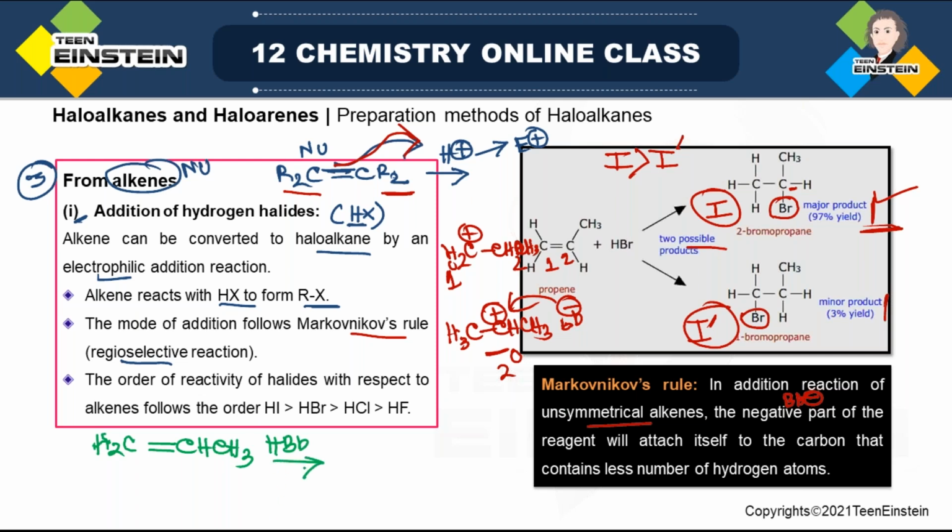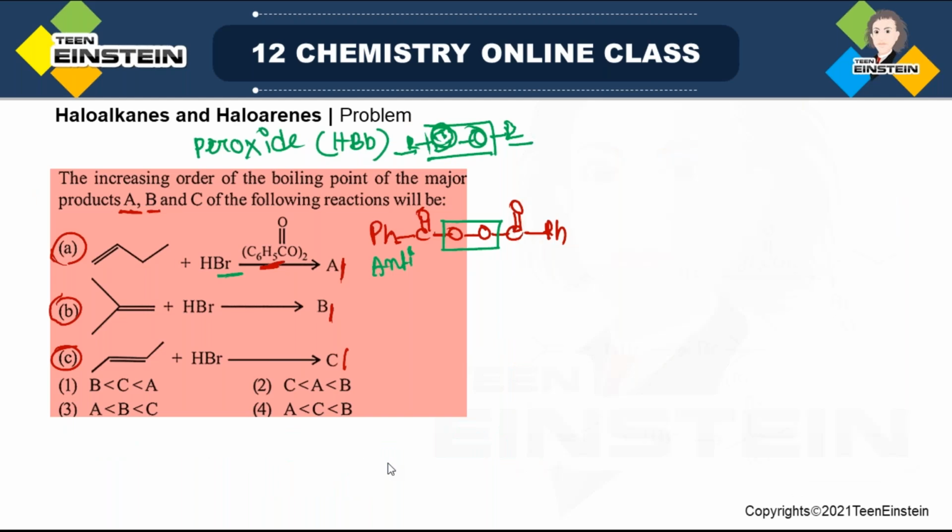But suppose you are doing this reaction in the presence of peroxide, now the major product will be I prime. Okay, so be very careful in the arrow whether peroxide is mentioned or not, only for HBr. Now come to the actual problem.